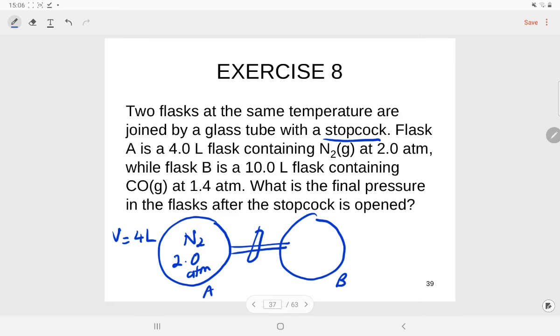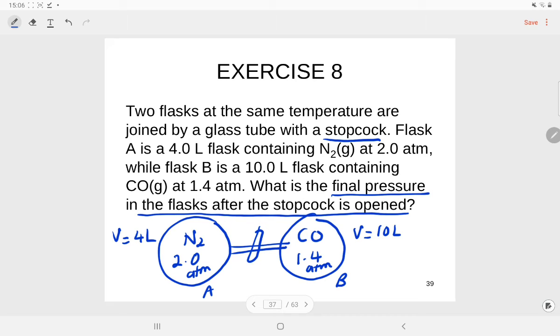And flask B is V equals 10 liters, containing carbon monoxide gas at 1.4 atm. The question asks you to calculate the final pressure in the flask after the stopcock is open.